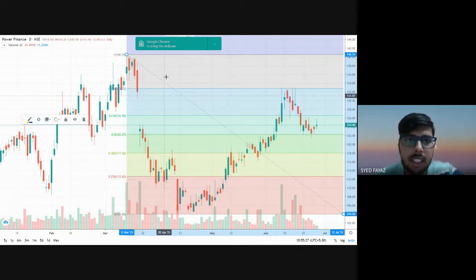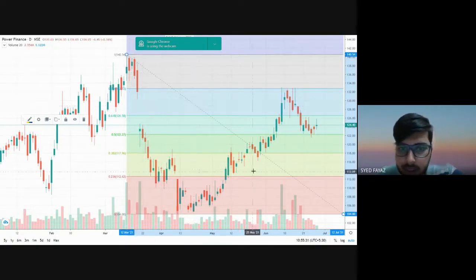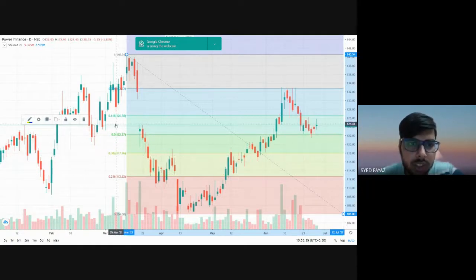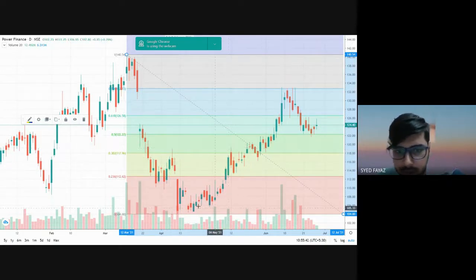And we can always expect the stock to reach the highest point again. But all the levels of 0.236, 0.382, 0.5, and 0.618, all these points act as support or resistance for the stock price to go up or again to come down. So here in the first, after this it has broken, so we can say that it would again go up till 0.382.